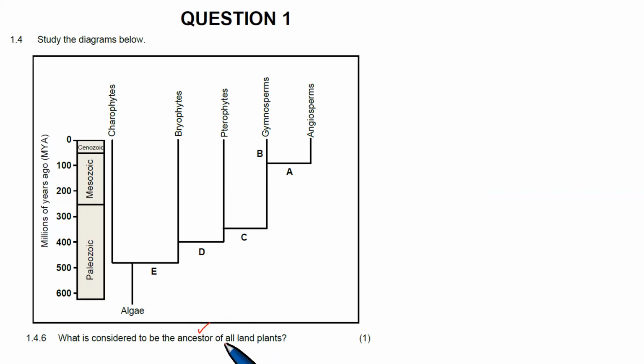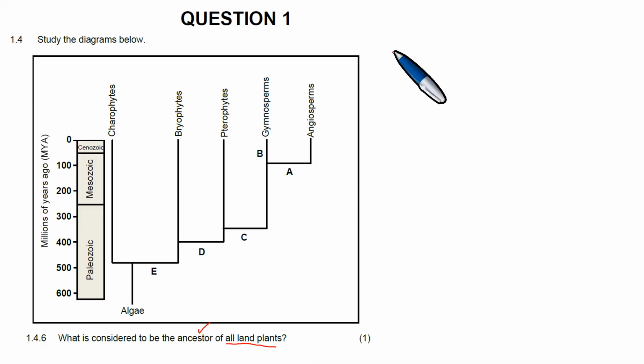The oldest of all plants that are on land. What kind of a plant is this? There's a plant that is the oldest of all of them. There are too many plant species on Earth, and we agree there are many. But what is considered to be the ancestor of all land plants? Which one?